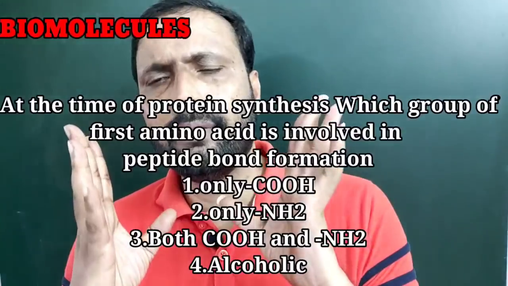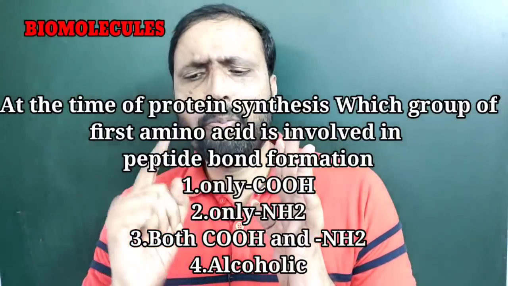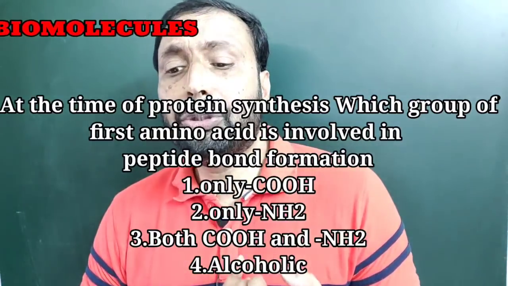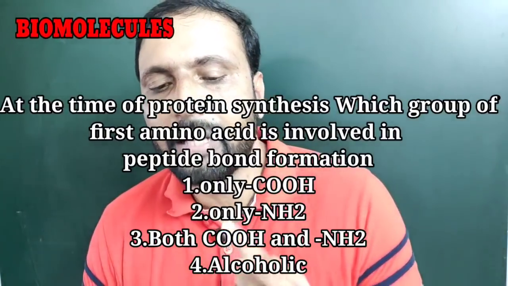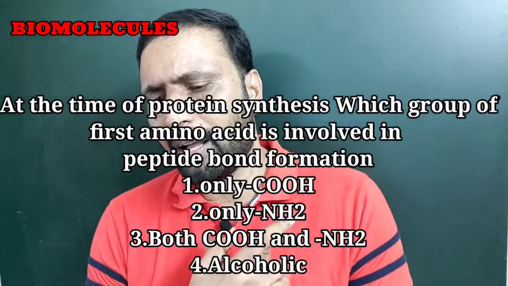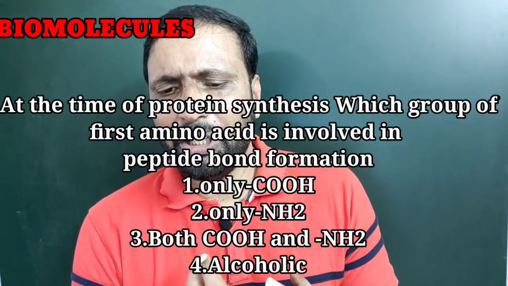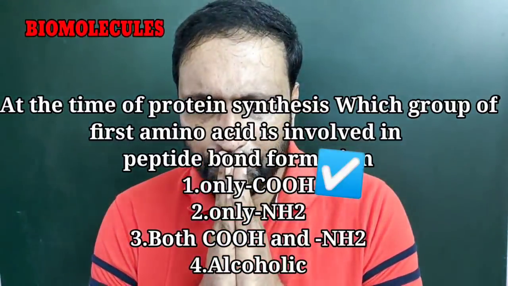It is very clear. Definitely the first option, only COOH. No doubt, don't go for other options. Second option, only NH2, both COOH and NH2, both alcoholic. So definitely first option, no doubt at all.